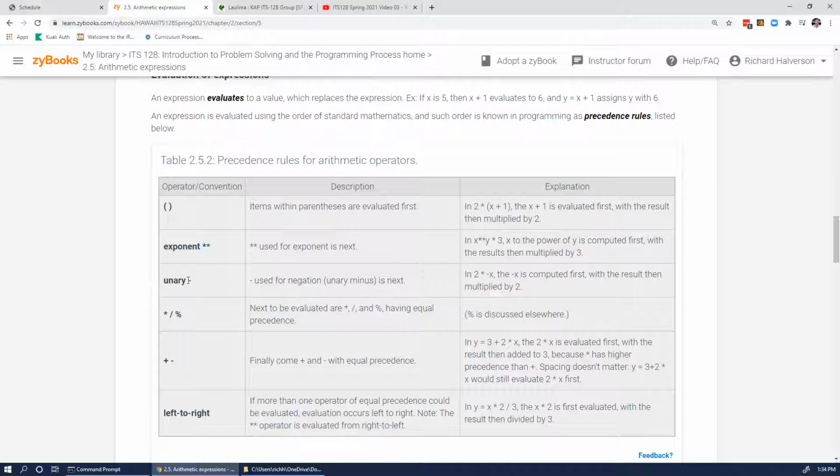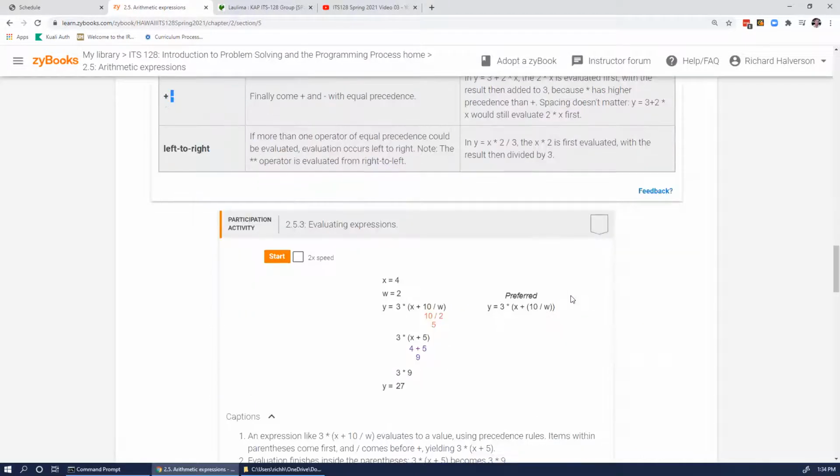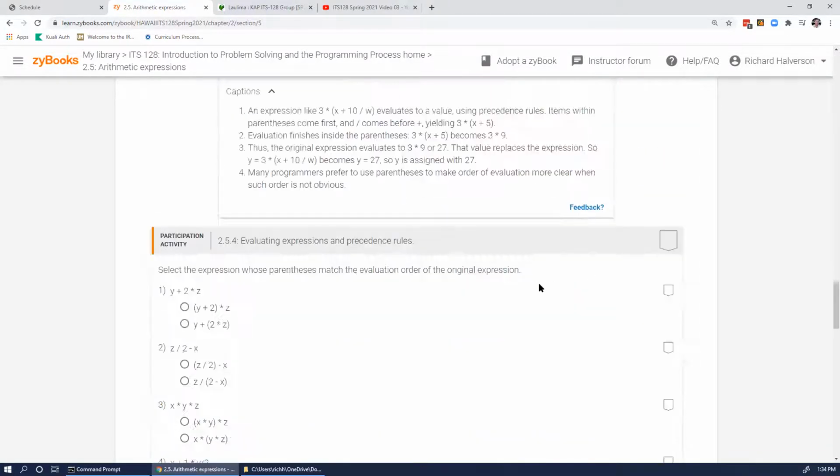You can put a minus sign in front of a number or a variable. This is called the mod operator, and that's the remainder. The slash is dividing, and then there's plus and minus, of course, evaluated left to right.